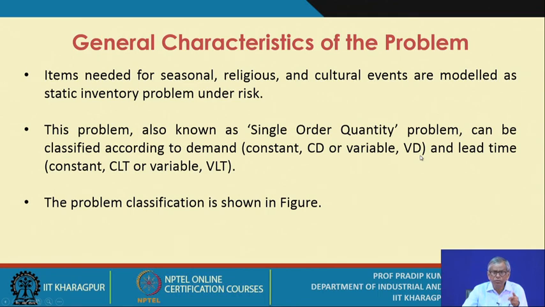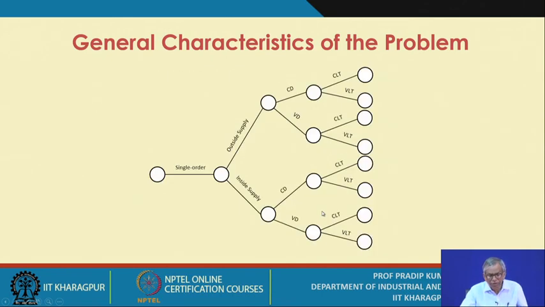And the second important factor is the lead time or the lag time, either it may be assumed to be constant, CLT, constant lead time, or it may be assumed to be a variable lead time, VLT.